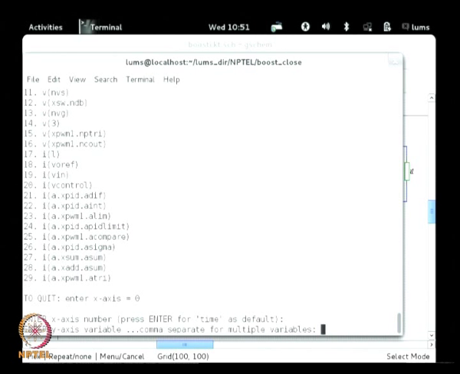We could also have a quick look at the IL waveform and the VG waveform.